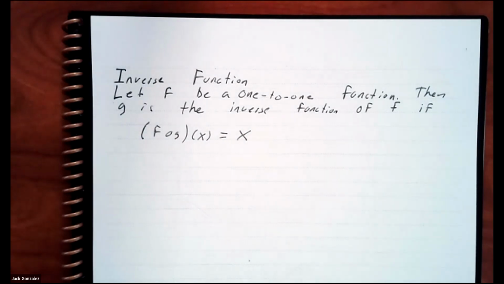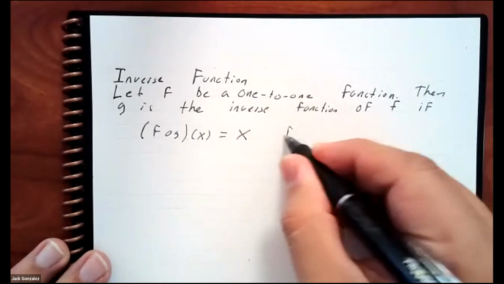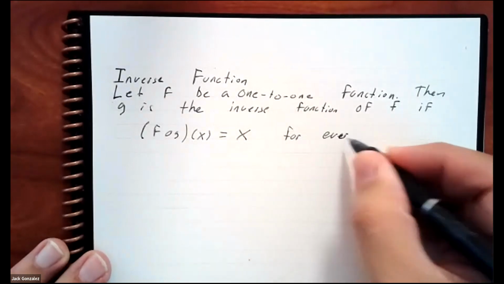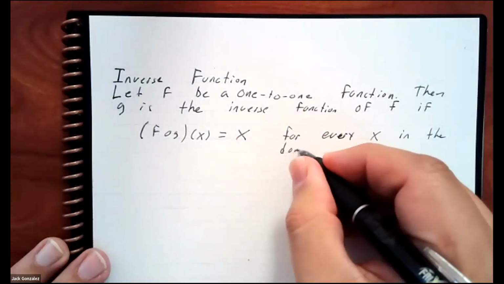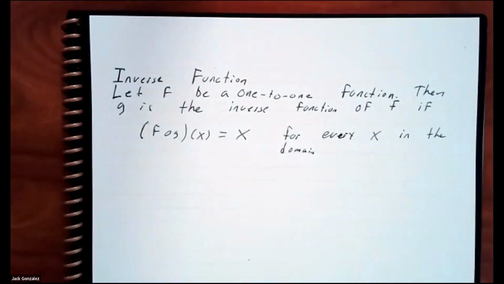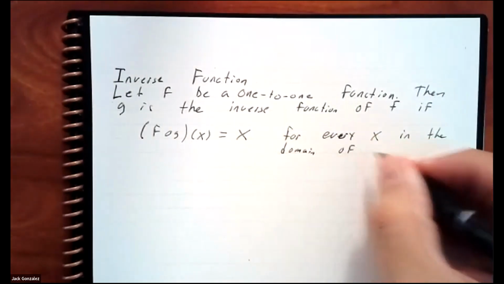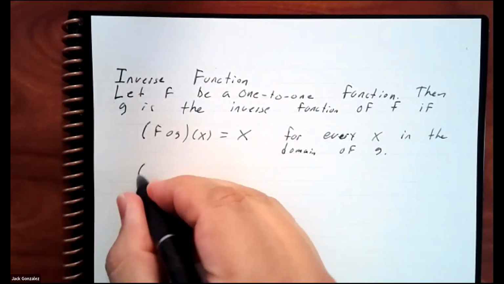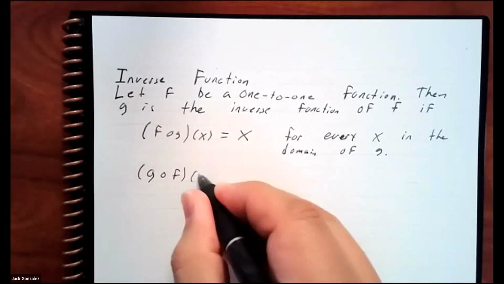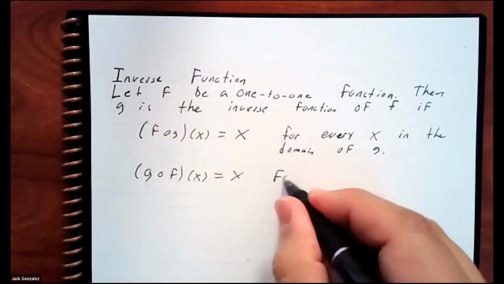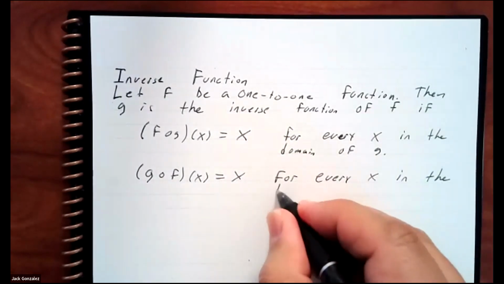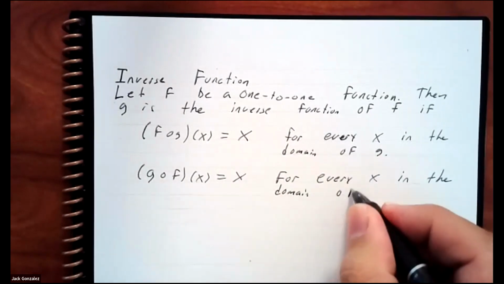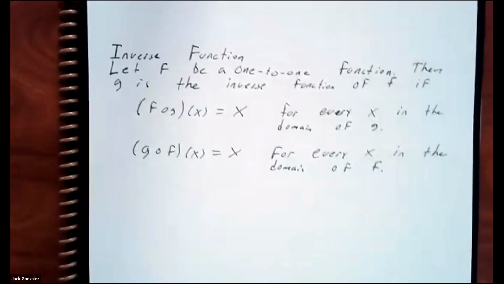This must be true for every x in the domain of G. Also the other direction, G of f must also cancel out for every x in the domain of f.